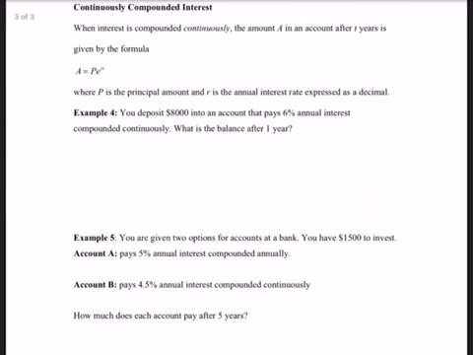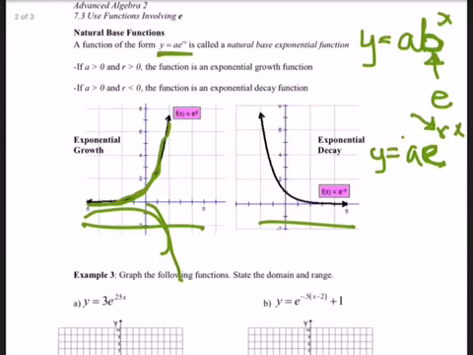Alright, so I said that we can use this for our compound interest. So we did the P times 1 plus r over n to the nt power, right?